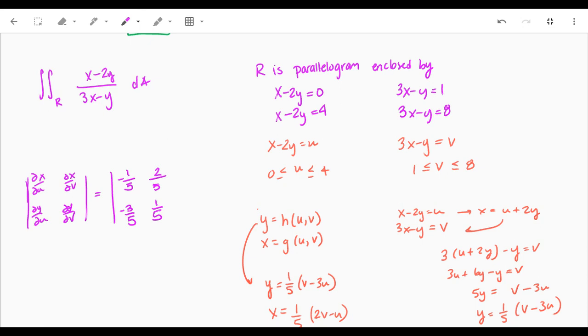Then we would have negative 1/25 minus a negative 6/25. So we'd have 5/25, which is 1/5.